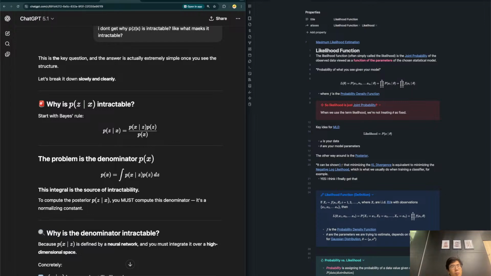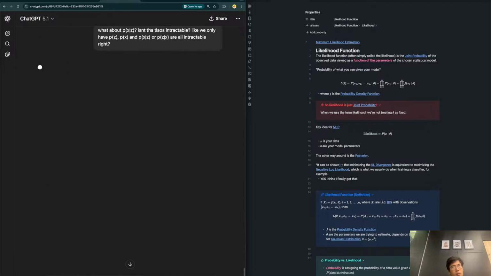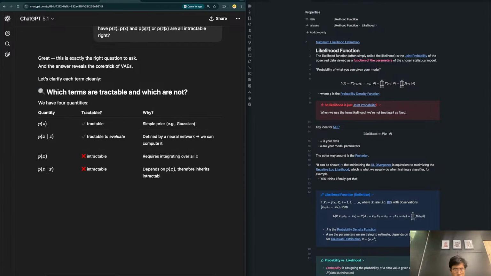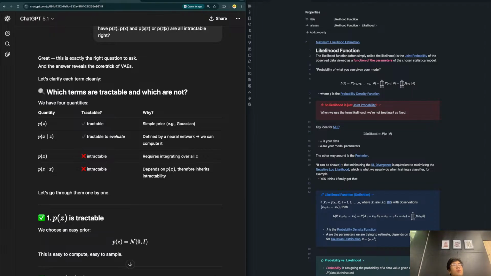But what about P of x given Z? Why is P of x given Z tractable?